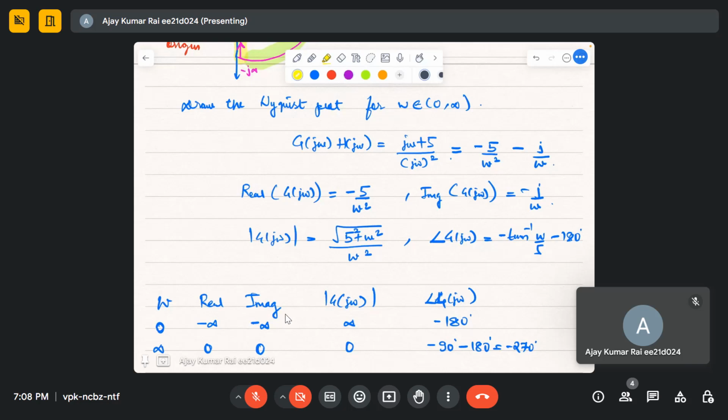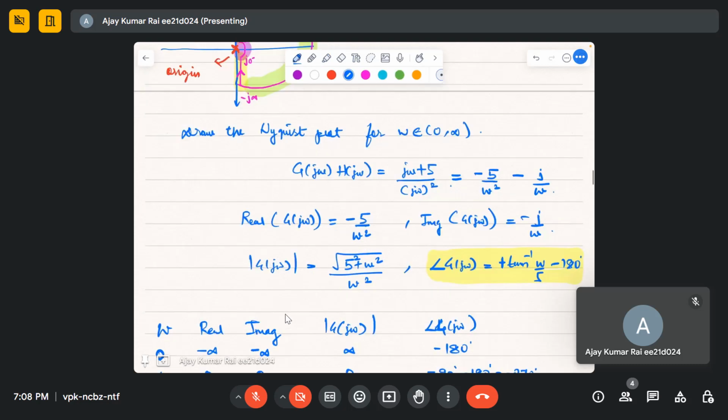Okay, let me correct this. So if you see this angle, here it's not minus tan inverse, it's plus. So this was the mistake, because you can see this term. I'm finding the angle for this.